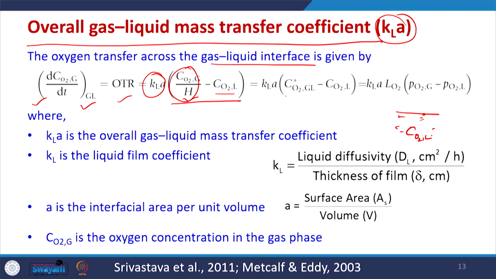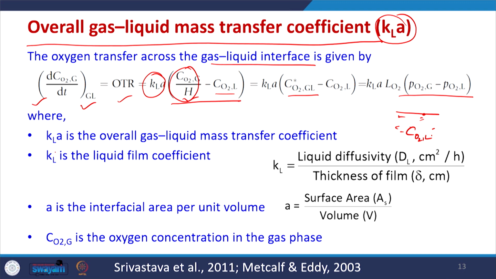Now, this is how it is written. We can write CO2Gl as the concentration at the gas liquid interface, and also we can take the solubility of the oxygen in the water. We can represent this in terms of partial pressure. Overall, KLA is the overall gas liquid mass transfer coefficient.